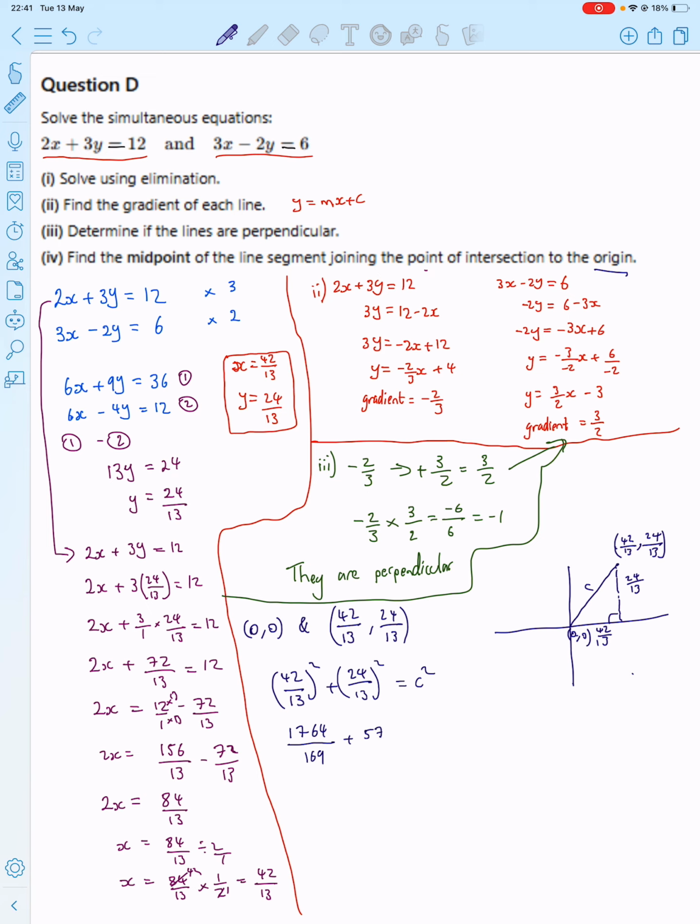So 576 over, again, 169 equals c squared. 1764 plus 576, oh, that's a nice one. So it's 2,340 over 169 equals c squared. And then c is just going to be equal to the square root of that. Now, I'm not going to go through working out what that is. We're just going to leave it like that.